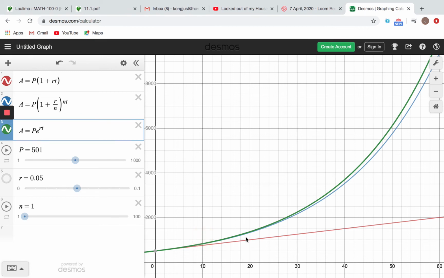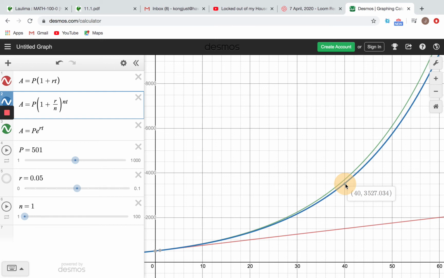But as you see, as time progresses, that gap widens. So let's go up all the way to say 40 years from now. If I have simple interest, I end up with 1,500. Not bad. I tripled what I started with. But 40 years using compounding once a year, I end up with about 3,500.